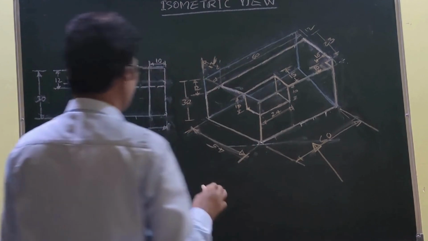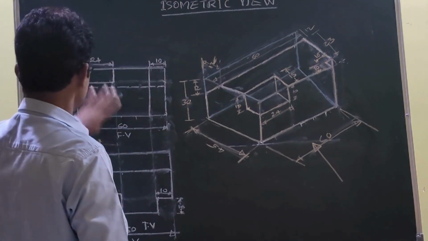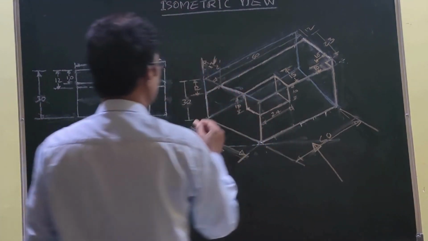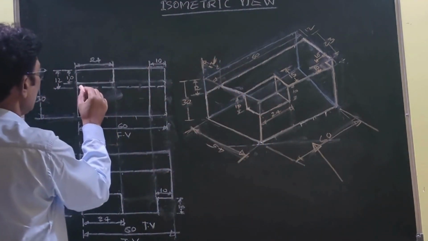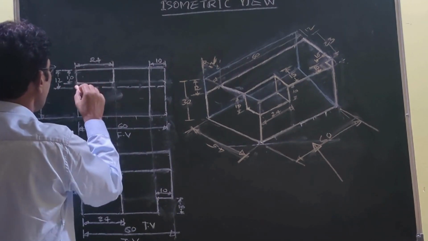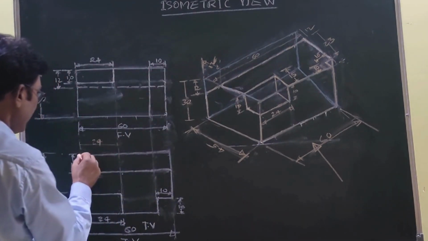In that block I have to fit this front view, and by using the front view and top view details, these parts are to be fitted here. First I would like to develop this part, this dotted line. This is the 12, length 60, width equal to 12.